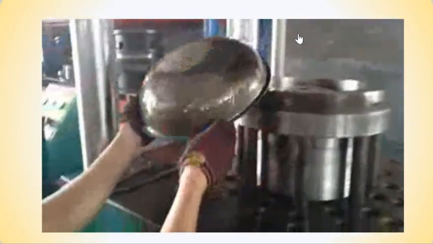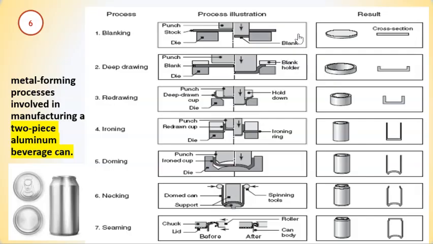From the blank, they apply the force and they will get this shape. It's a very fast process. When we talk about the beverage can, it's not one simple process. It is a combination of a few steps before you can get the end product.